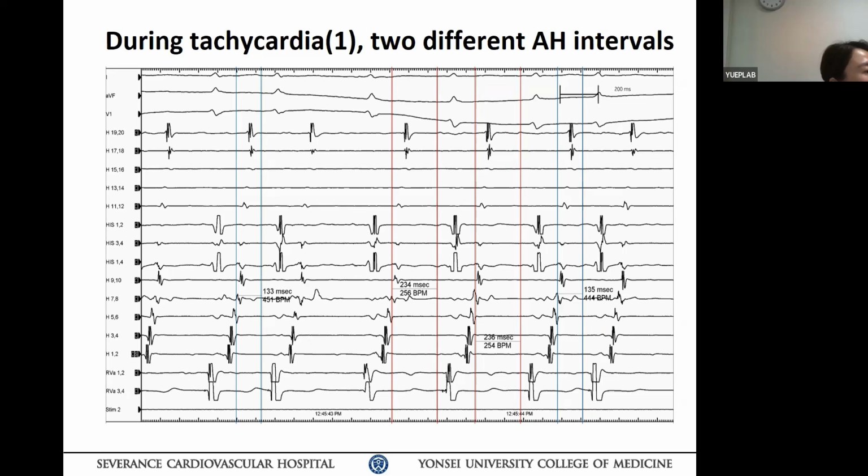It is quite common to see slow pathway AV nodal physiology in patients with an accessory pathway, because the slow pathway integrates the AV nodal conduction, prolongs the AV conduction time, and gives a longer excitable gap, making it vulnerable to generating sustained AVRT. But simultaneous AVRT and AV node reentry is not that common.